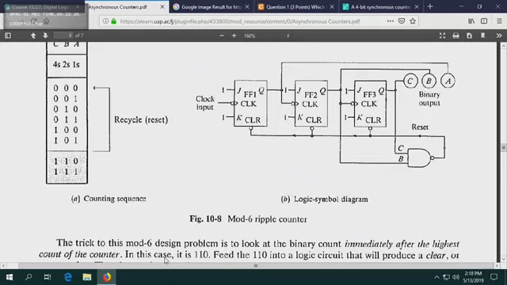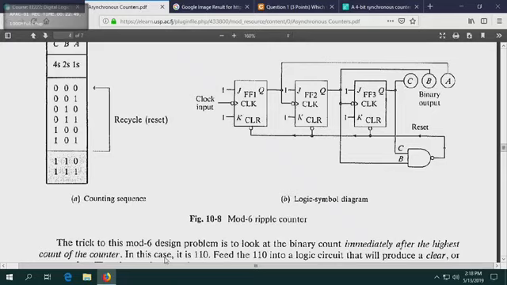How are you going to do that? We're going to go to number 5, do the next count, the number 6. As soon as it reaches 6, 6 is 110.